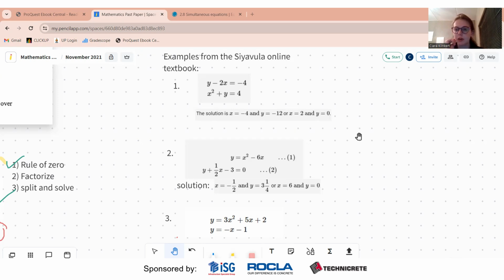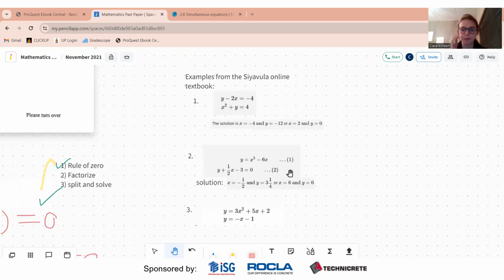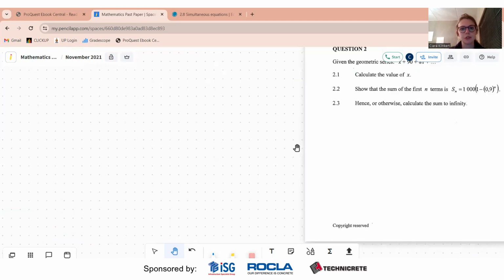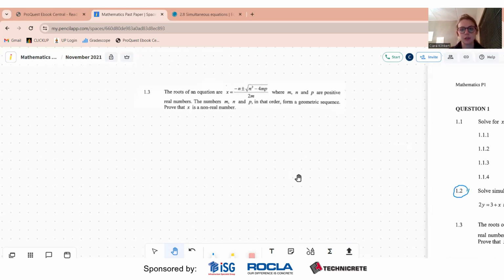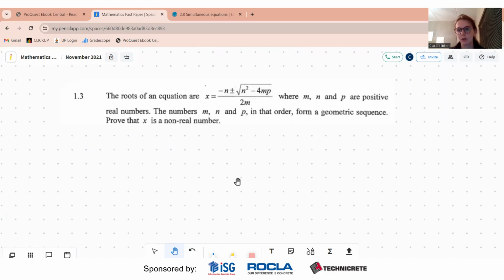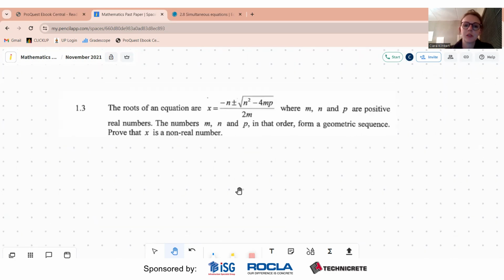Now we are going to move on to question 1.3, which focuses on nature of roots. They often ask this question, so it is very important that we understand and can apply these principles. Alrighty. So upon first glance, this question sounds almost impossible.